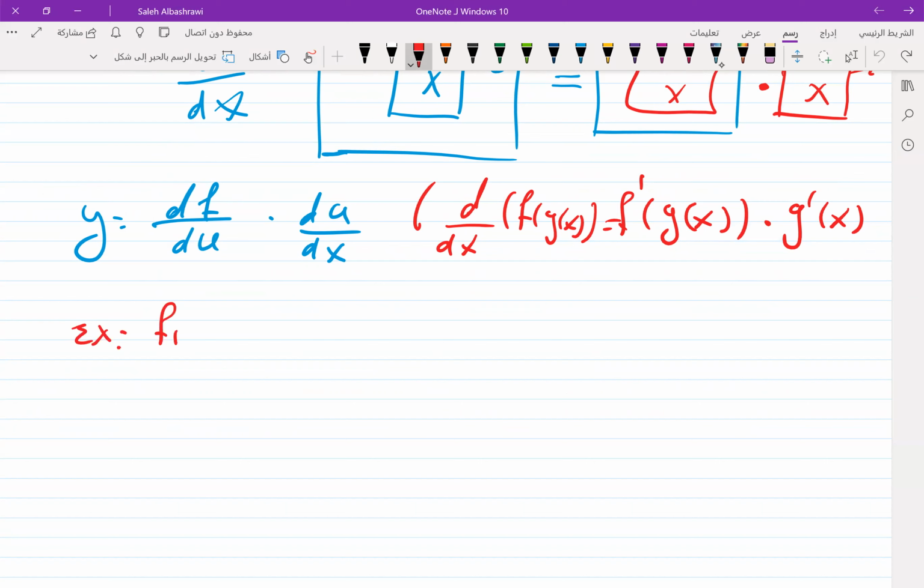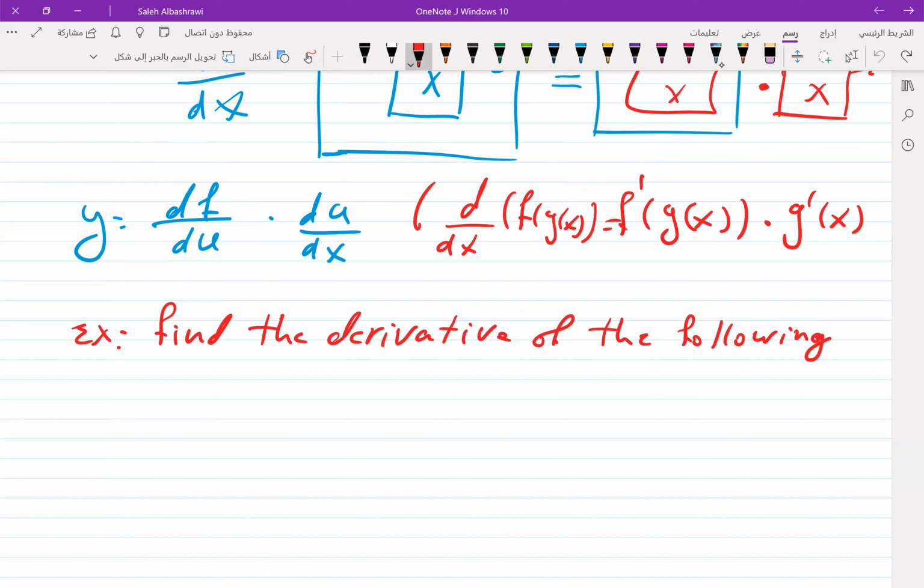Let's find the derivative of the following function. Number one, f of x is equal to (4x squared minus 3x plus 5) to the power 5.